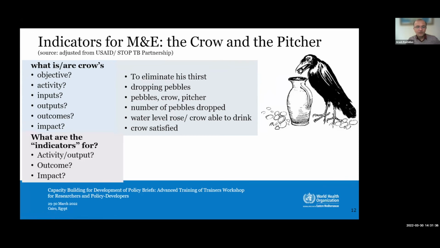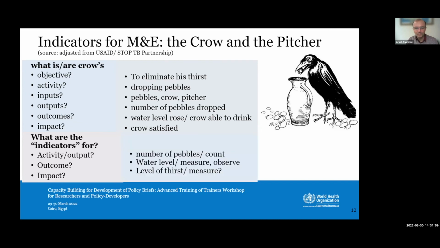Then what are your indicators for each one of those? I'd like to highlight activity indicators, output indicators, outcome indicators, and impact indicators. How do you measure this? In this case it's very easy, so I'm not going to spend too much time on it.